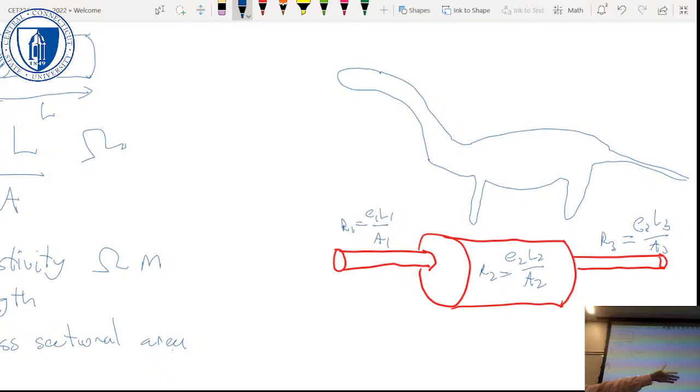Right? So we need to talk about how temperature affects resistance, and it's really, again, another property of the material, like the carbon resistor.